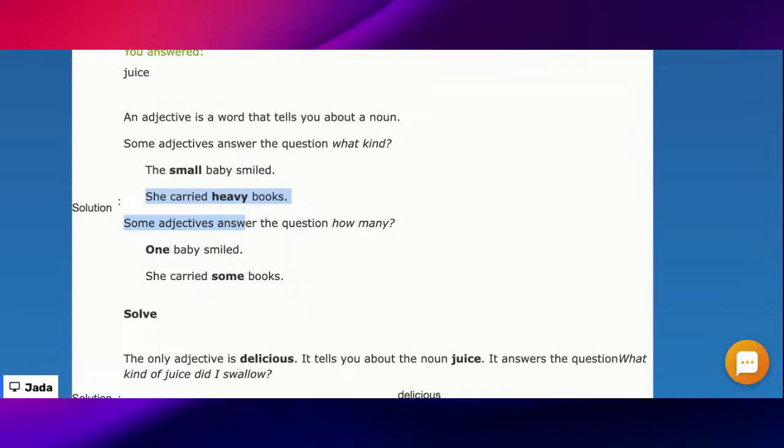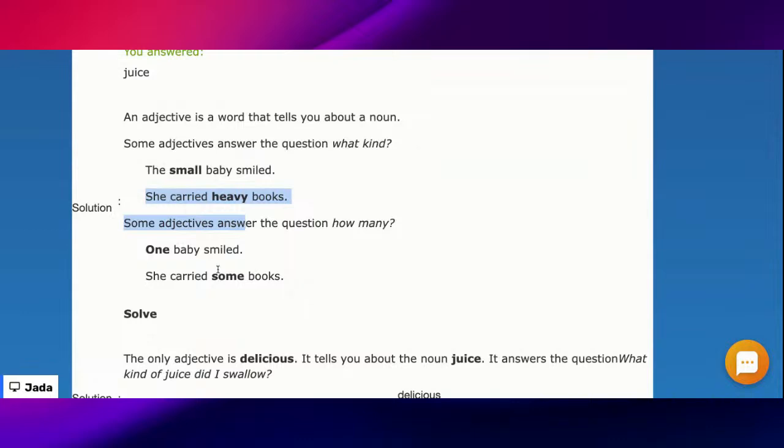And then what kind tells us the kind of thing that happened. So it's like, what kind of game did she play, and then you say, oh, she played soccer, football, stuff like that. So that is it for the what kind. And then the how many is very peculiar because how many is more about the numbers.